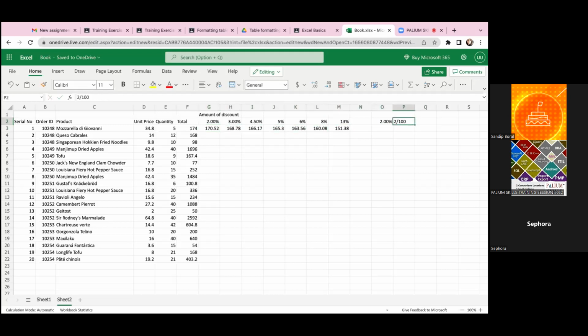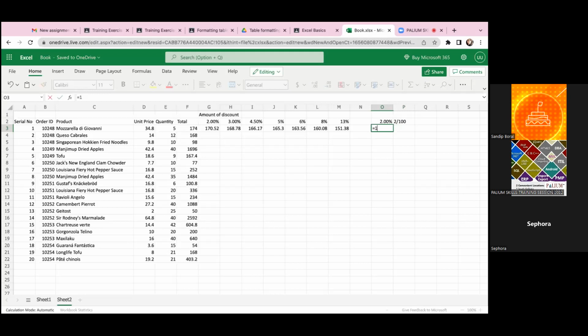Now tell me, if I say 2% discount on 174, how much is that? It's 3 rupees something paisa lesser. Very good. So 1.74 into 2, 3.48. Correct. Now go click on O3 and say equal to 174.